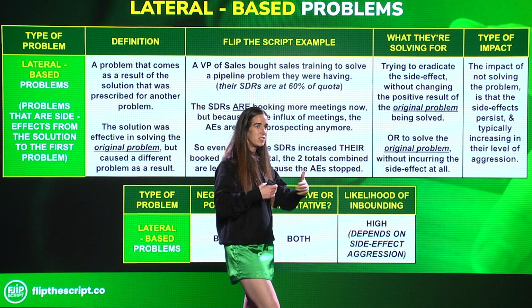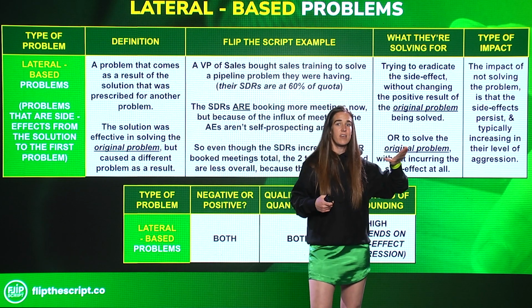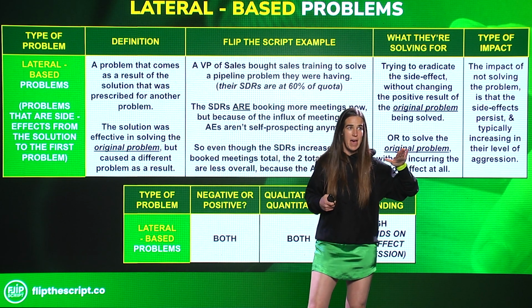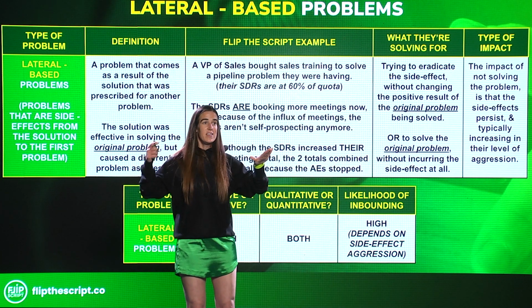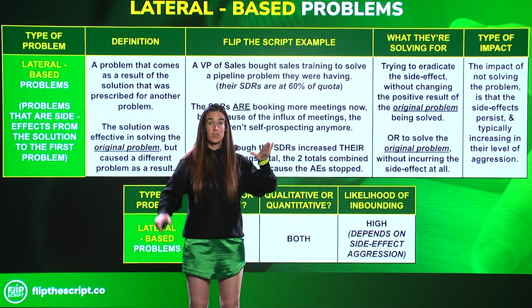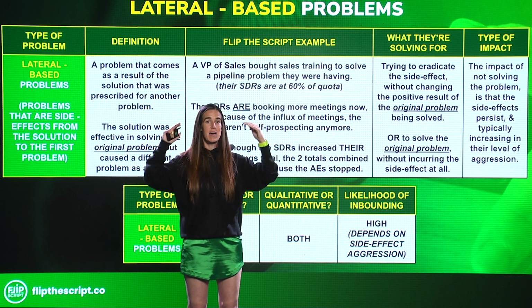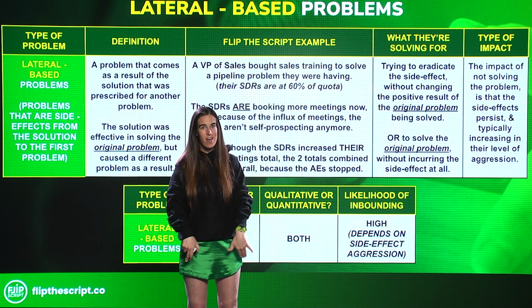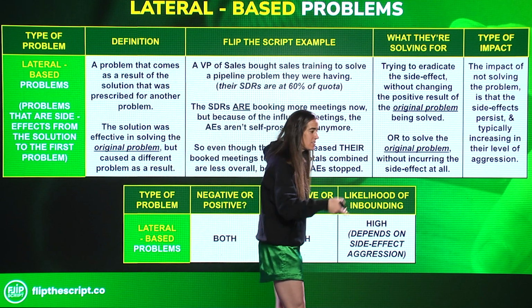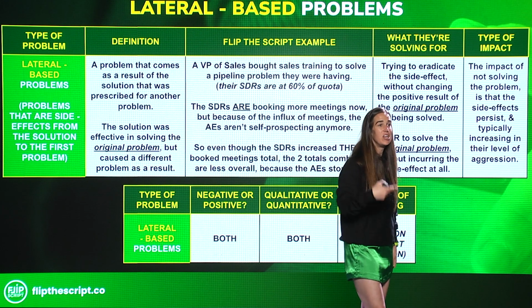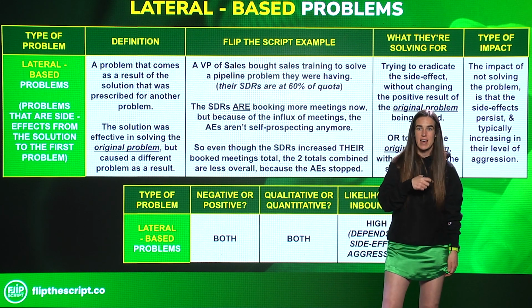So even though the SDRs started increasing their output, because the AEs weren't trained as well, the AEs stopped self-prospecting. There was no accountability there. So net, my total pipeline actually went down because the AEs stopped. So this is a lateral problem. It does solve the initial problem, but it creates a new one for them based on that solution.